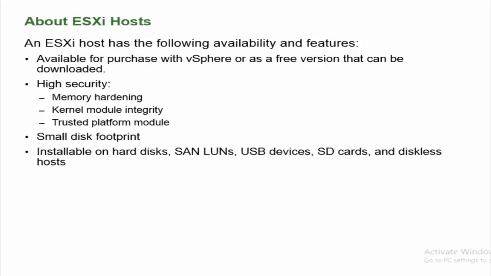It also provides security because it has a small disk footprint, which means its boot files are very small, just 150 MB in size, so it gives the attacker less space to attack. This is how security works. You can also install the ESXi host on a hard disk, on a SAN LUN, or on a USB, SD card, and diskless.